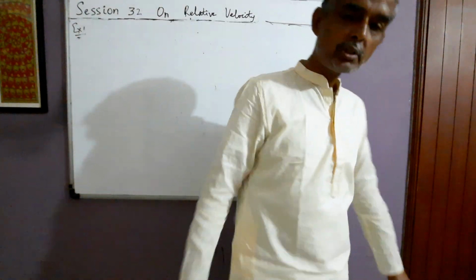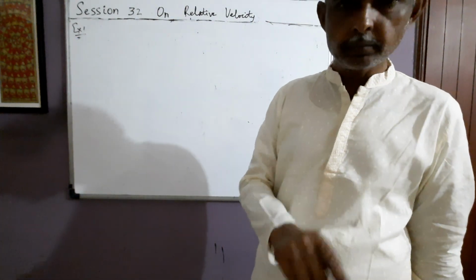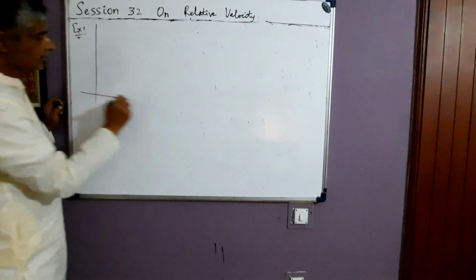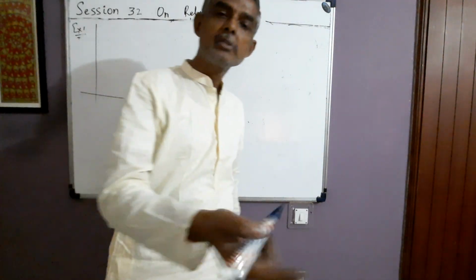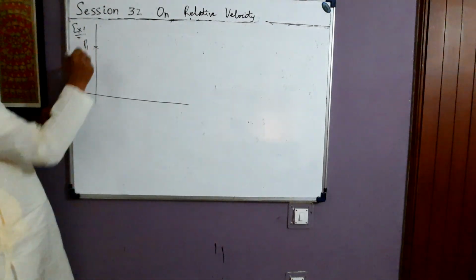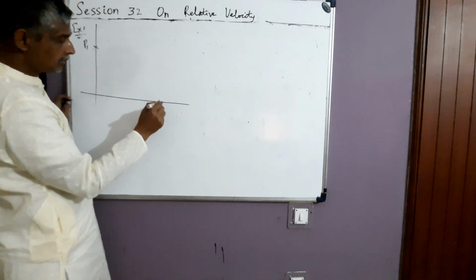First of all, we find the initial relative velocity of P2 with respect to P1. As I mentioned, I am solving the problem as seen from P1. So initially P1 is here, P2 is here.